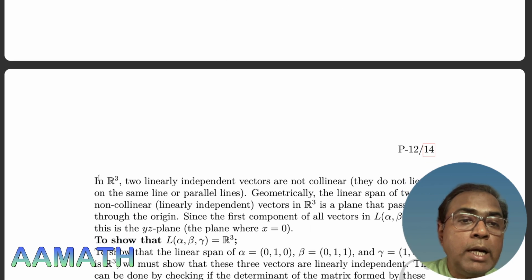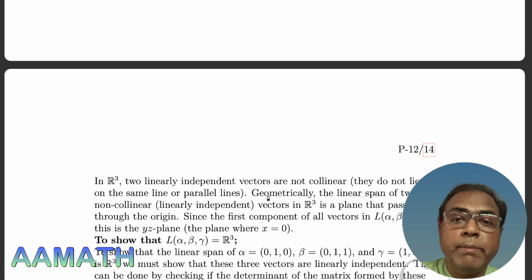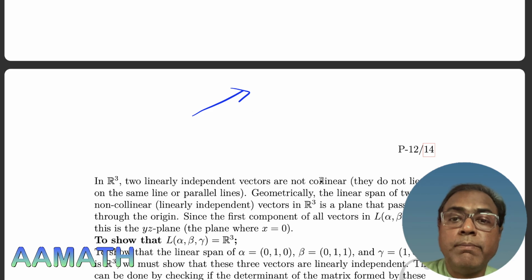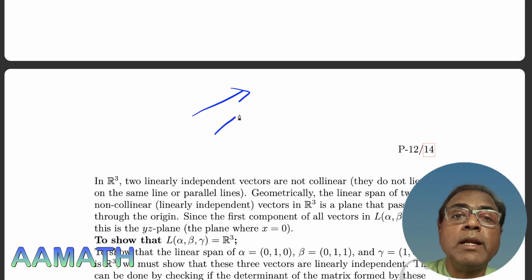In the space R3, two linearly independent vectors are not collinear. That is, they do not lie on the same line or parallel line. So this is the line, first this vector, and this is the parallel vector. So these are collinear vectors.